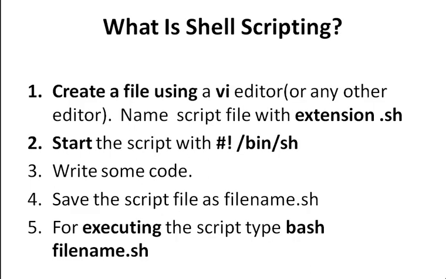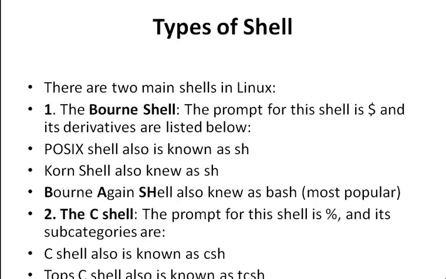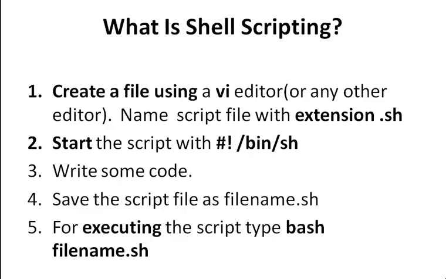Now what is shell scripting? I will tell you how to write a shell script and what are the steps that we have to perform in shell scripting. First step is create a file. So you have to use the VI editor on the prompt. If we are working on Bourne shell, then there will be a $ prompt. So on the $ prompt write vi.